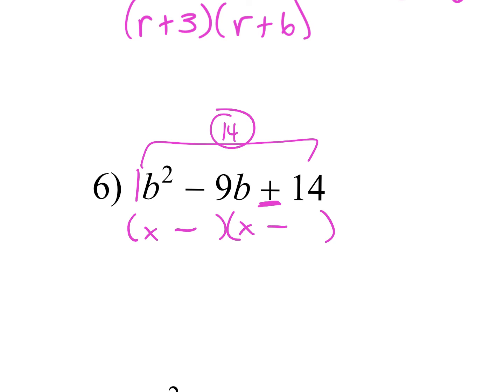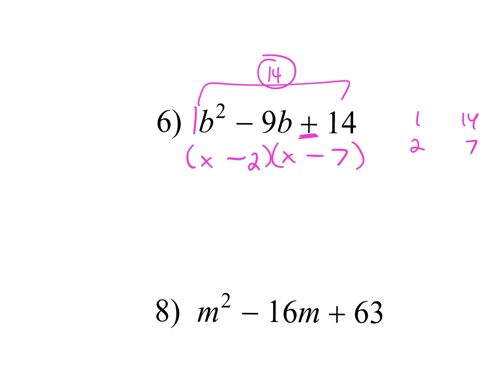What are the factors of positive 14 that multiply to give me 14, but add to give me a negative 9? 2 and 7, right? But they both have to be negative, because a negative 2 plus a negative 7 is negative 9, but a negative 2 times a negative 7 is positive 14. Again, the last sign is positive, so the middle sign goes in both parentheses.